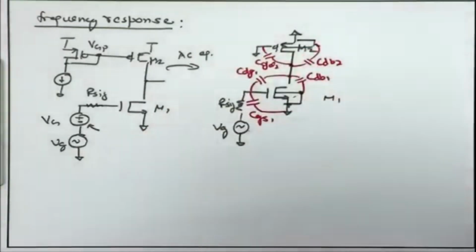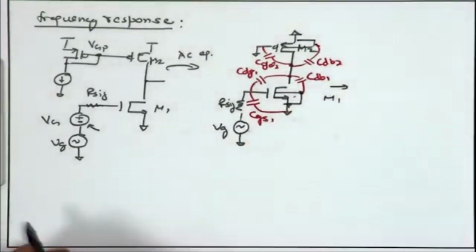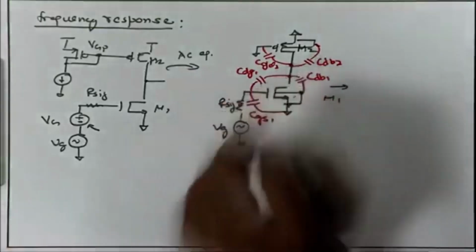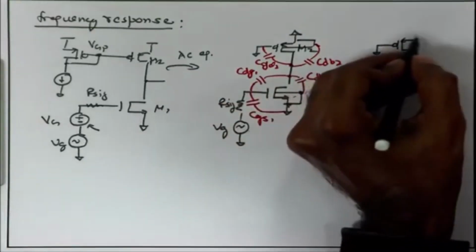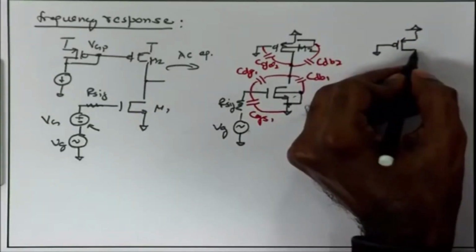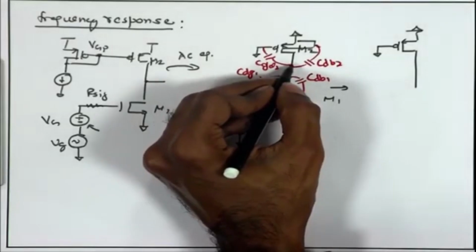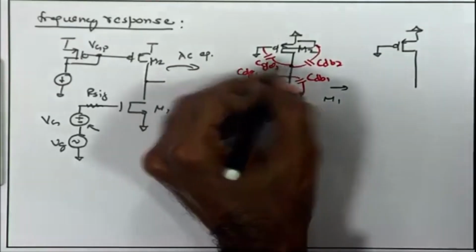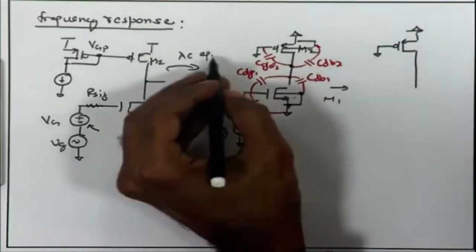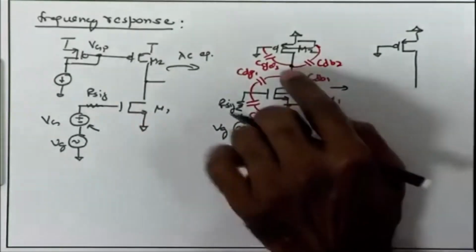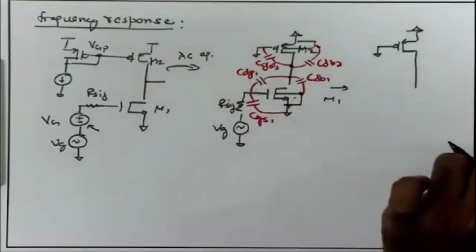So, if I further want to simplify this complicated looking high frequency model, I can redraw this circuit a little bit with simplified capacitance. If I look at the CGD2 at this node, that is appearing between the drain and AC ground, and CDB2 is also appearing between the drain and AC ground. So, basically we have an effective capacitance at this node of CGD2 plus CDB2.